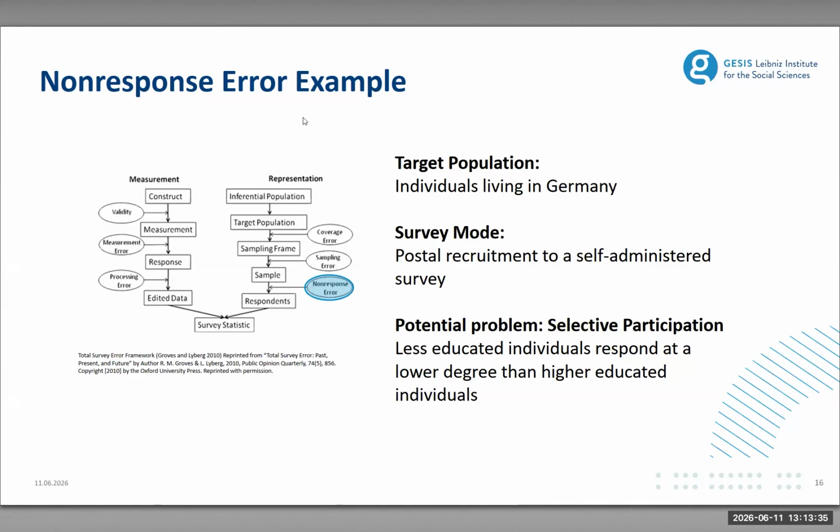So this framework is really well known, and it describes all the steps separately in a nice way. And for all these errors that are described here, there's a lot of research going on on how this error occurs, how it might be prevented, and what can be done to mitigate it in the end. Like for the non-response error, we know that sending reminders helps to increase response.